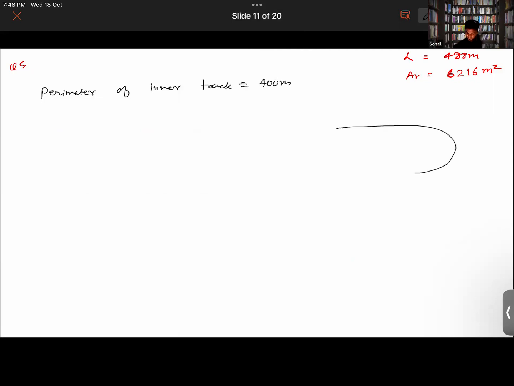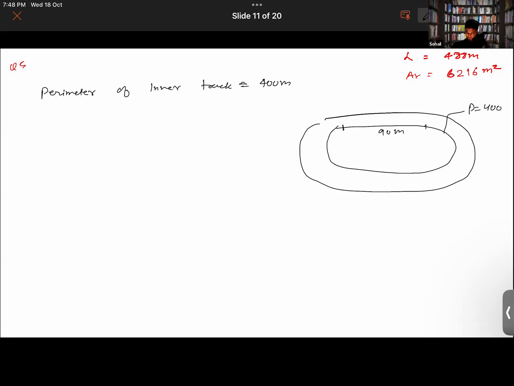The track somewhat looks like this. This is 90 meter. The whole perimeter is 400 meter, and then the width is 14 meter over here. Data are correct now? Now the question was asking, we need to find the length of the outer track and the area of the track.